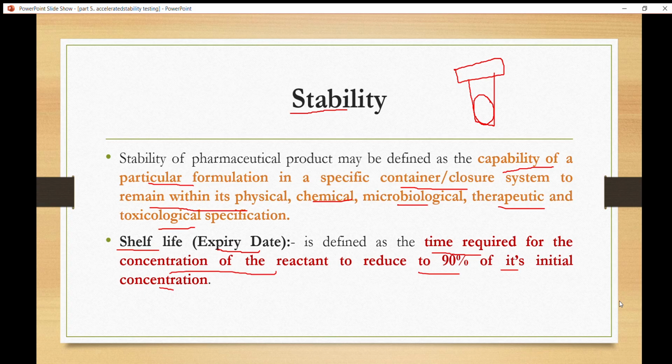Means suppose the starting concentration of the reactant is 100%, so this 100% is reduced to 90%, means only 10% of the reactant is lost, and the time required for conversion of this 100% to 90% is known as the shelf life or expiry date.